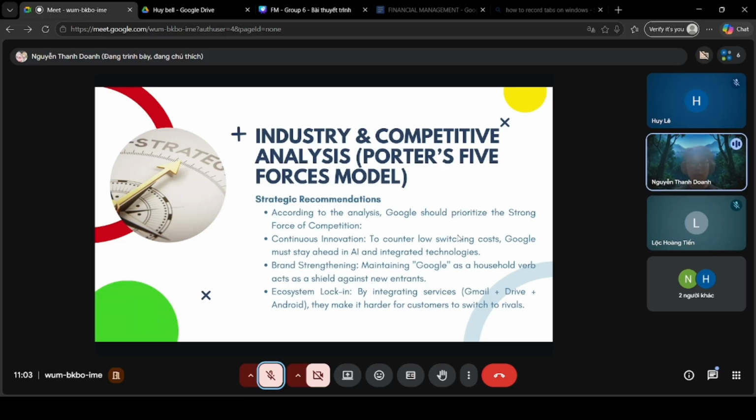Then we have brand strengthening, like maintaining Google as a household verb, which acts as a shield against new entrants. The last one is ecosystem lock-in. By integrating services like Gmail, Drive, or Android together, they make it harder for customers to switch to rivals. So the next part will be presented by Mr. Nam.